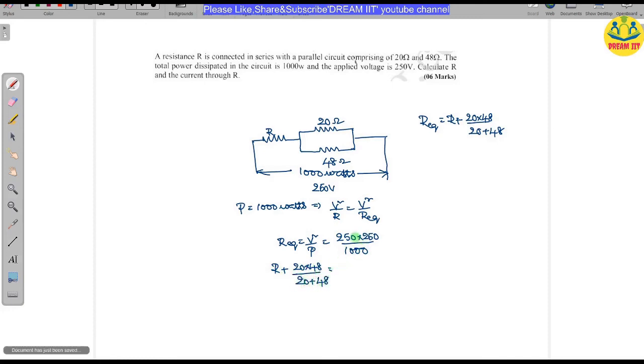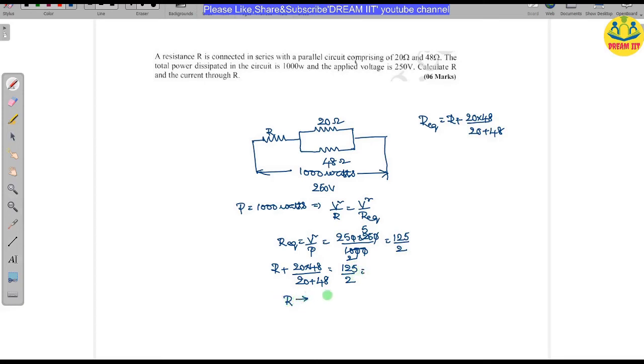So you can cancel these two. So 5 5s are, 5 2s are, so totally it is 125 divided by 2 you are going to get. This is homework for you, I am giving for you, so you can get the R equivalent value.